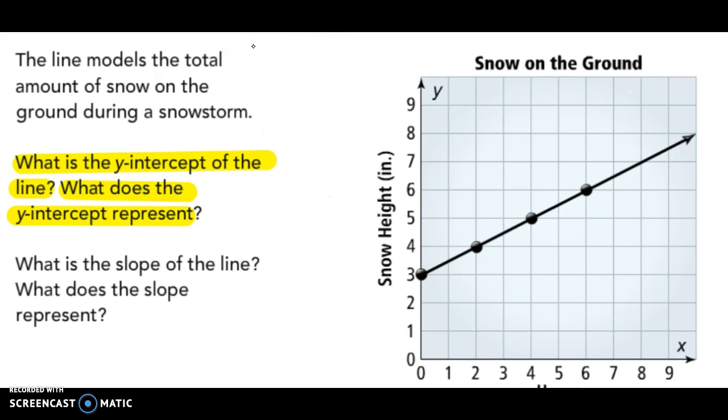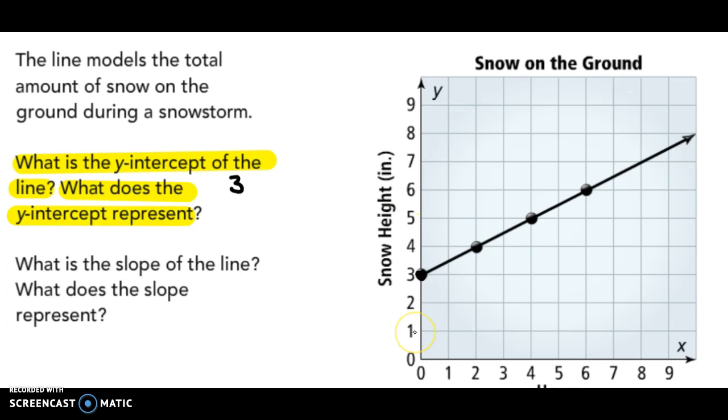If you look at your graph, remember the y-intercept is where we cross the y-axis. Well, we cross the y-axis at 3, so therefore the y-intercept of the line is going to be 3. And what does the y-intercept represent?